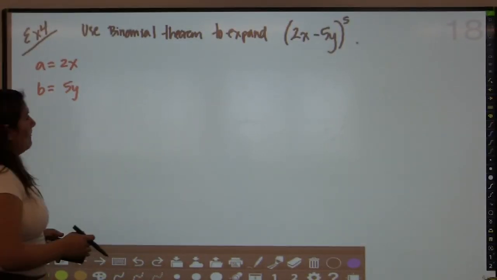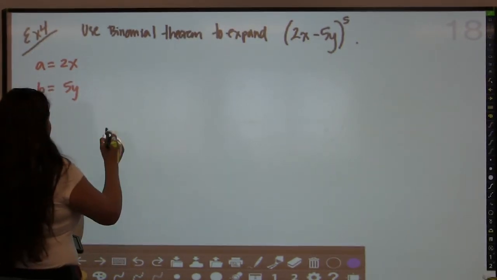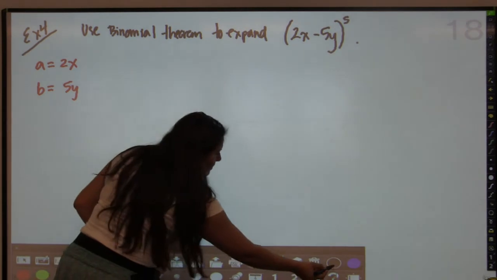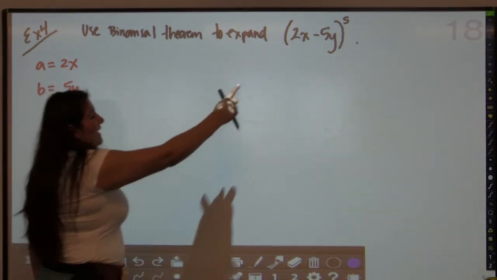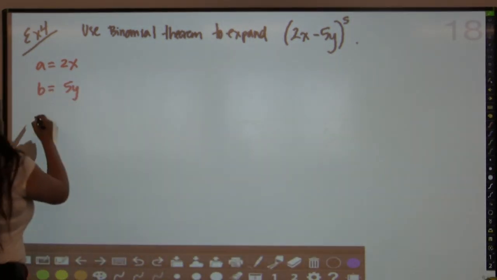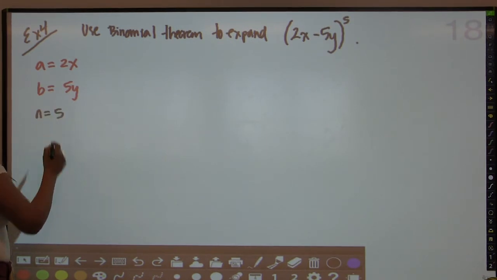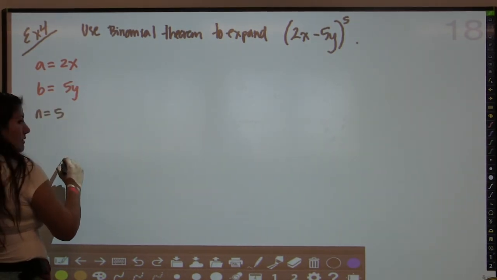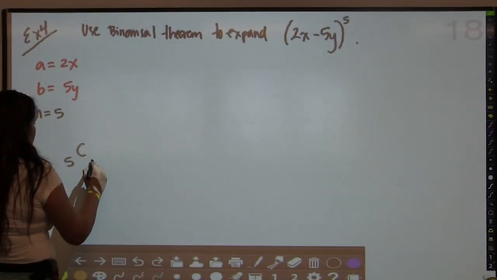All right, so what's going to happen is I'm going to start off with, again, the degree n is 5. I should have said that. N equals 5 here. So again, we're going to use the theorem, and it says to do 5 choose 0, right?